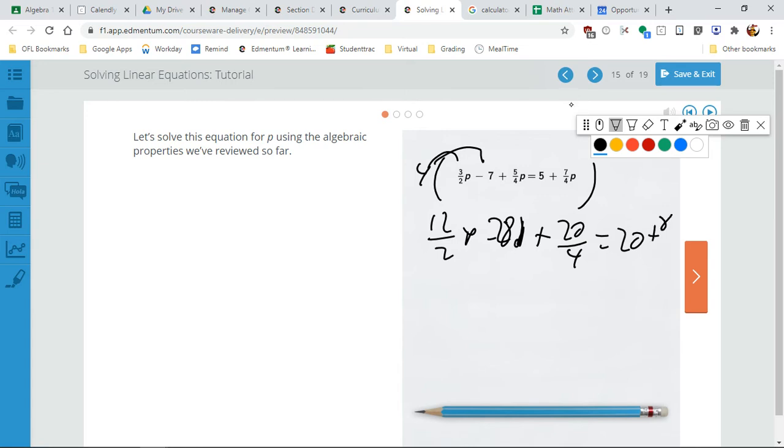I have it memorized, but if you don't, you can always use the calculator. The reason why we're multiplying by 4 is this makes it easier to just divide and get rid of all of our fractions. So 12 divided by 2, that's 6p.